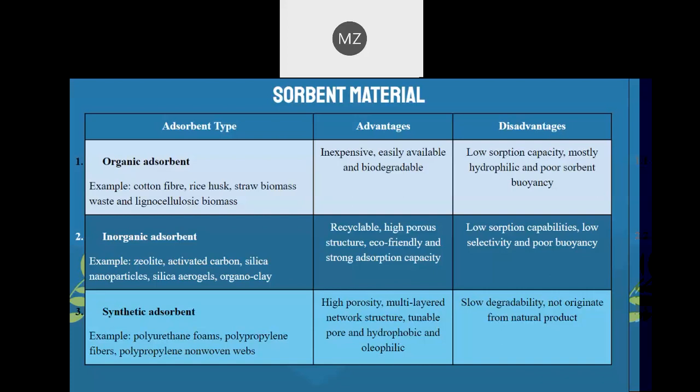However, most natural sorbents have low absorption capacity. Next, although inorganic adsorbents have a highly porous structure, they have low sorption capacity and are unable to retain buoyancy. Thus, excellent properties of adsorbent can be found in synthetic sorbents, as they have a high oil adsorption capacity, oleophilicity, hydrophobicity, reusability, and biodegradability.